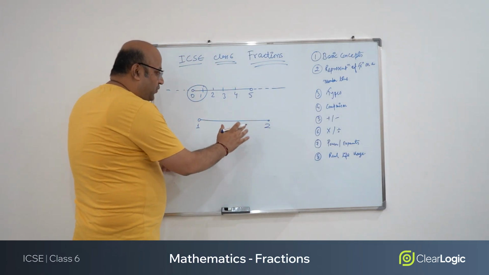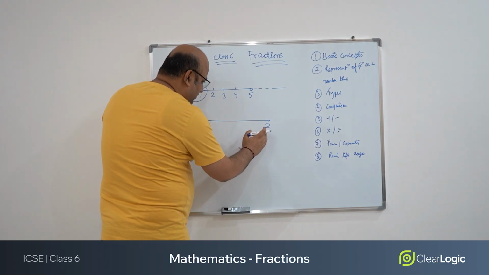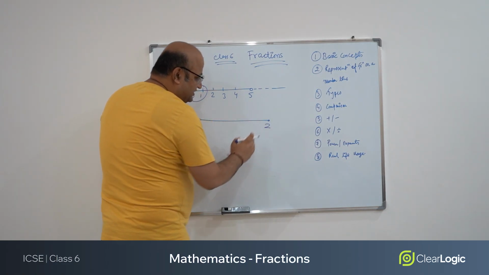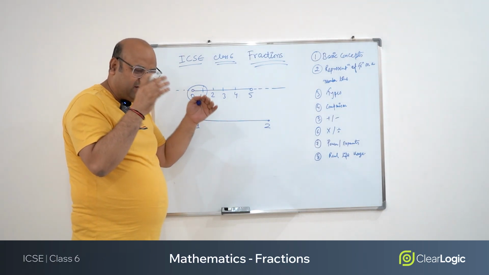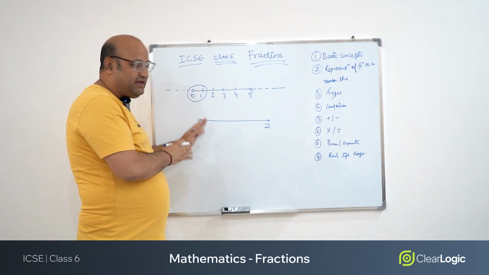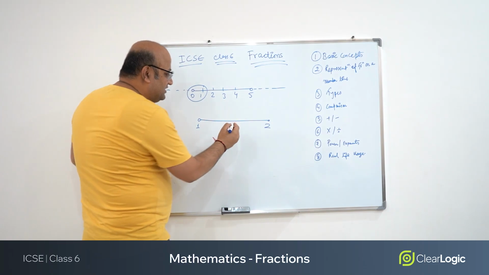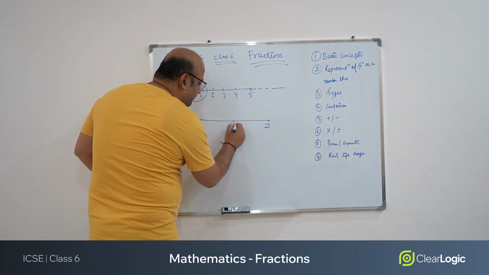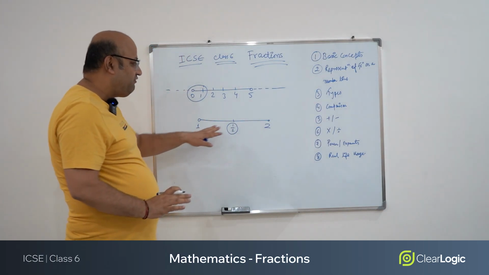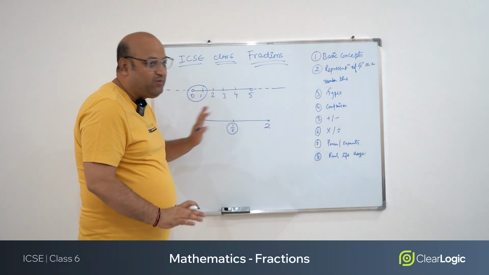If we need to find the first fraction here, there can be thousands and millions and trillions of fractions. But to understand this, the first fraction, which is very common, is half, the midway of these two numbers. The first fraction you will find between 1 and 2 is 1/2.